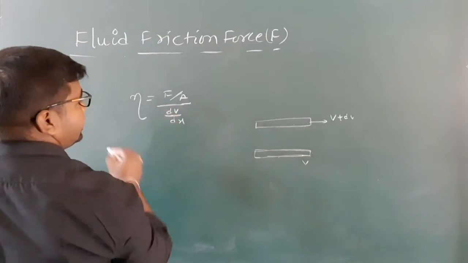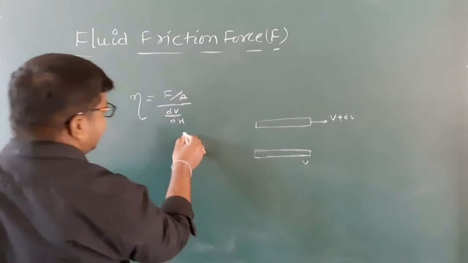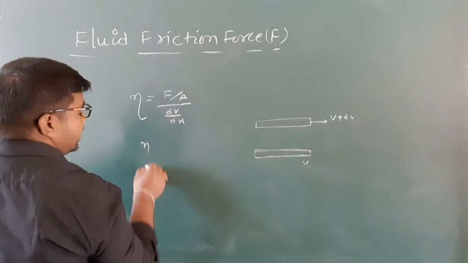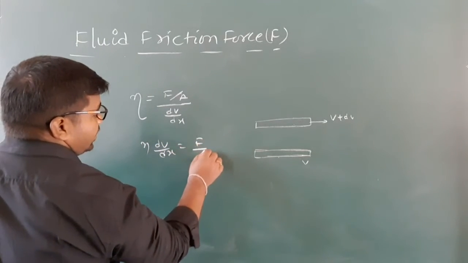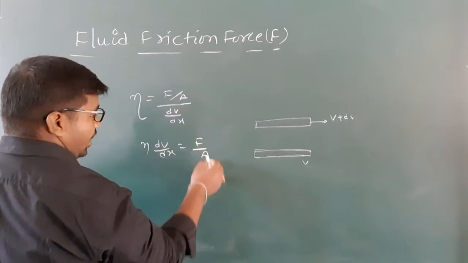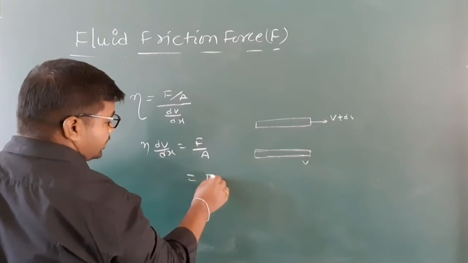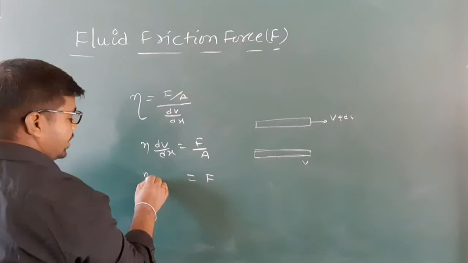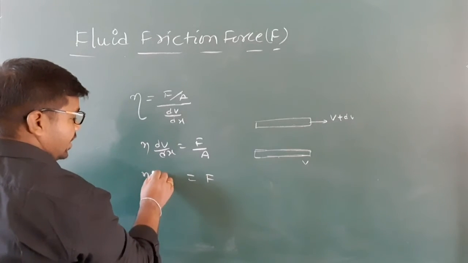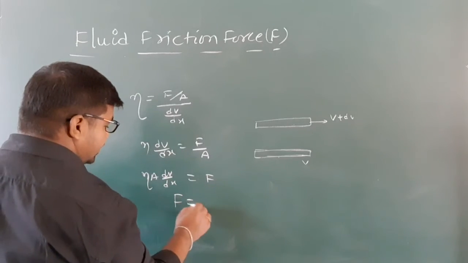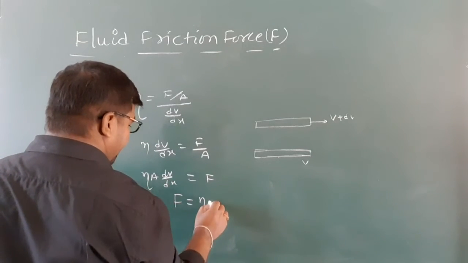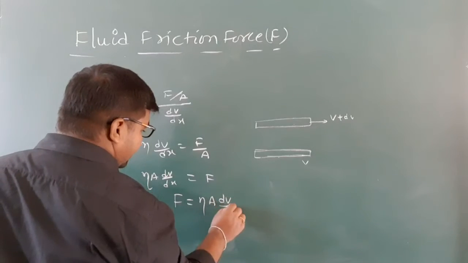By rearranging this we can get: eta into dv by dx is equal to force per unit area. Then F is equal to eta into A into dv by dx. So F is equal to eta A dv by dx.